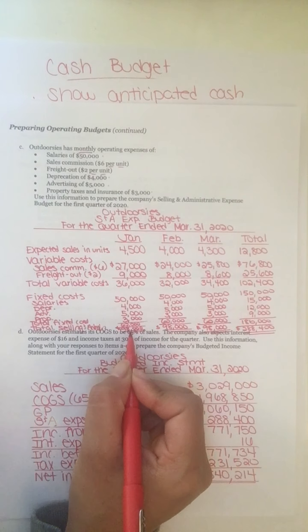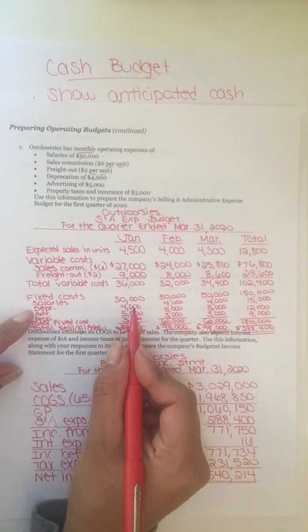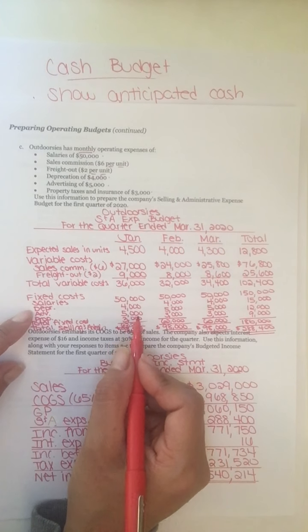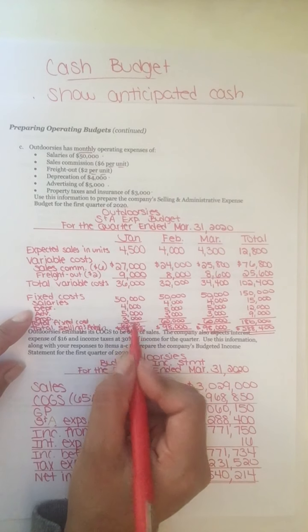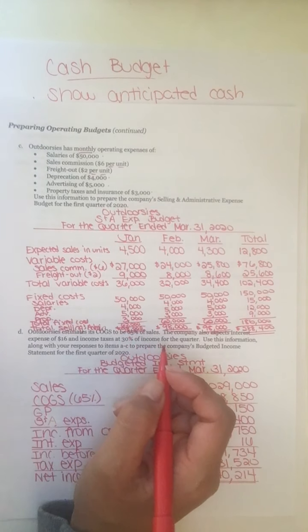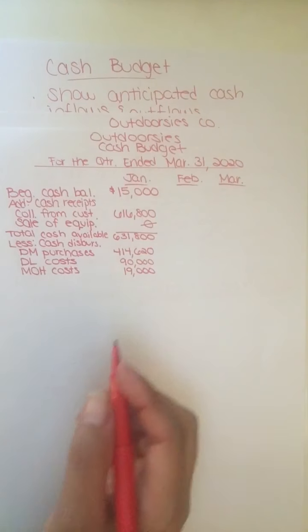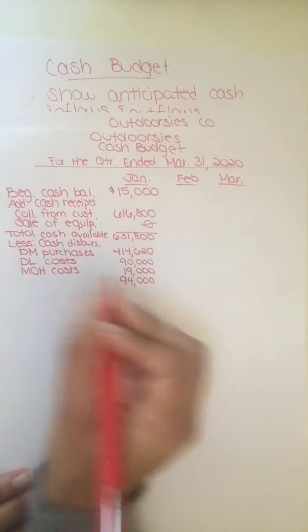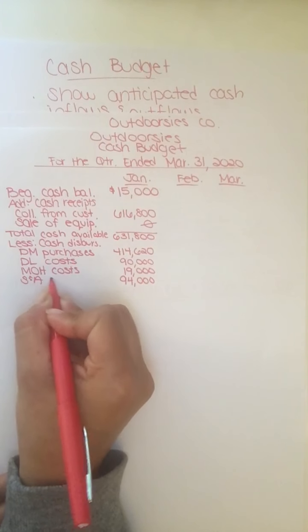It's $98,000, but you need to back out depreciation, because depreciation is never a cash expenditure. If you think back to the statement of cash flows that we did in 1A, remember our first adjustment was to add back depreciation because it's not a cash expenditure. So 98,000 minus the 4 gives us 94. So S&A costs.